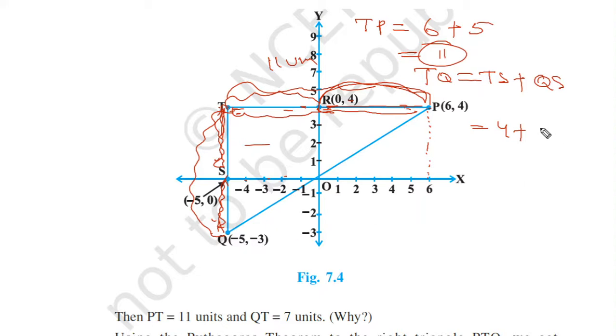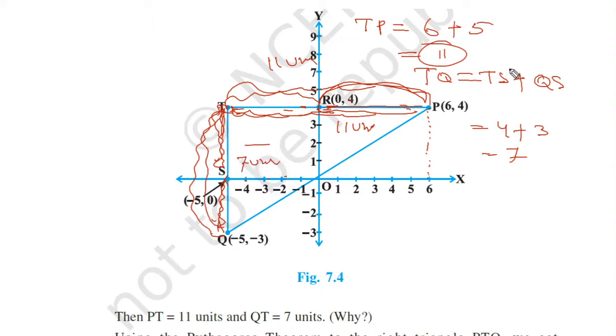So plus minus 3, that is length is 3. Okay, length cannot be minus, you know. So 4 plus 3 equal to 7. Okay, now you get TP equal to 11 unit and TQ equal to 7 unit.